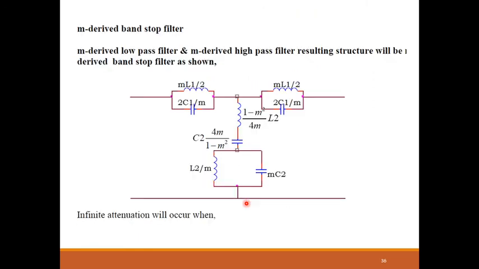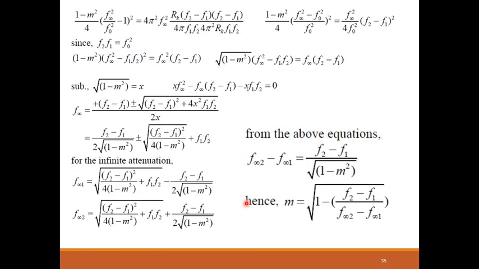Similarly, the band stop filter is just the opposite of the band pass filter. So you know the final expression of the band pass filter, that is f infinite 2 minus f infinite 1 should be equal to f2 minus f1 divided by the square root of 1 minus m square.